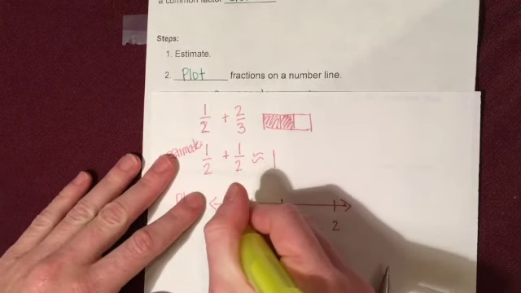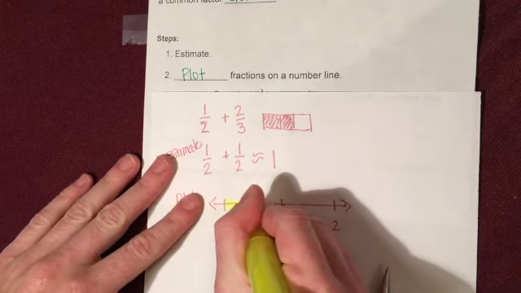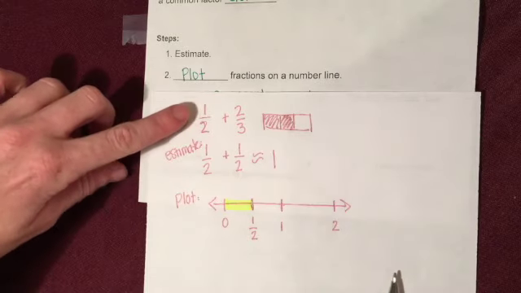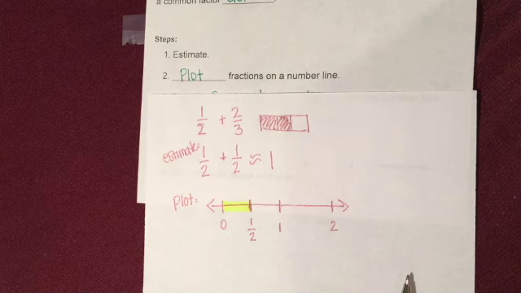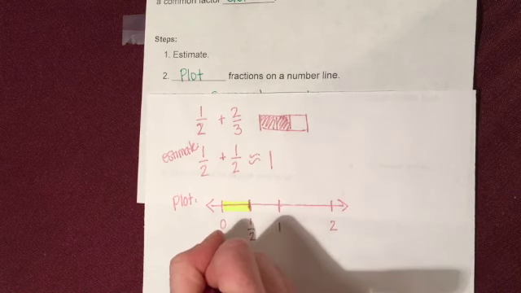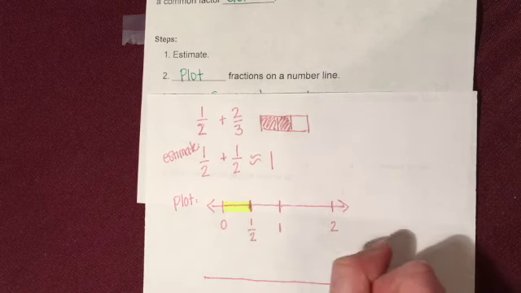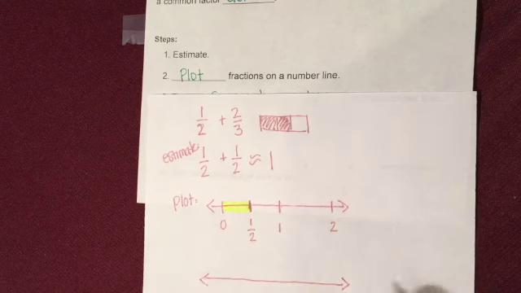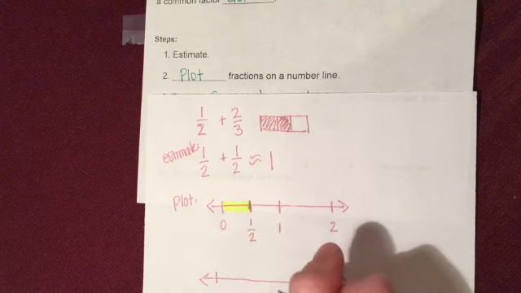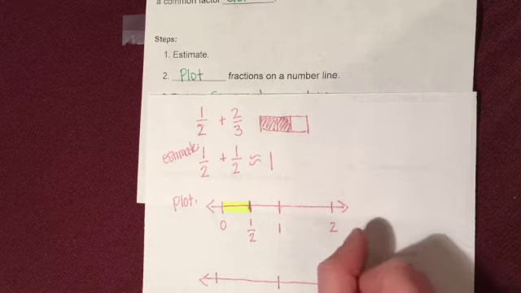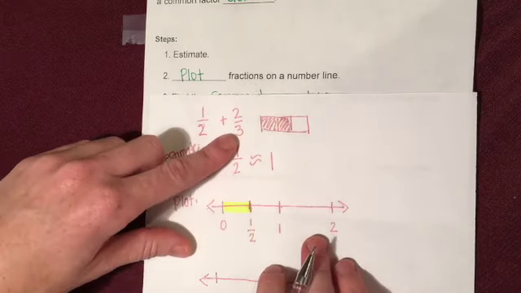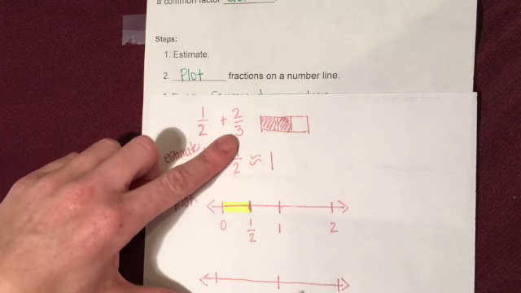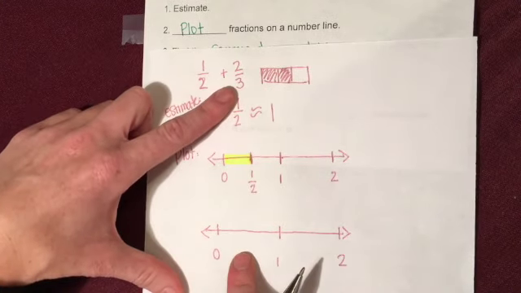So I'm going to use 2 different color highlighters to make my plots for my first addend and my second addend. So I'm going to make another number line with 2/3, and I'm going to use another color for that one. So I'm going to do 0, 1, and 2 again. And this time I have 3 in my denominator, so I need to break this number line into thirds.